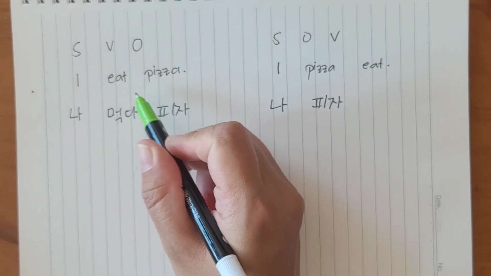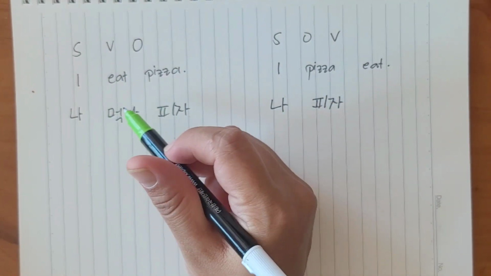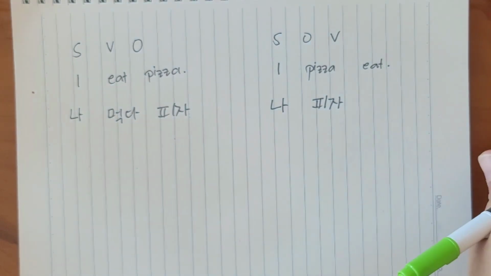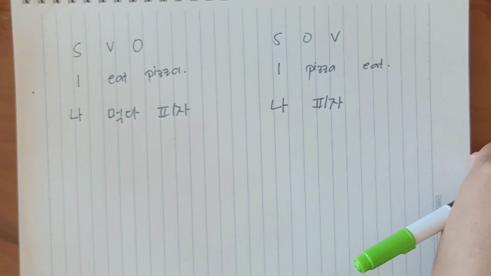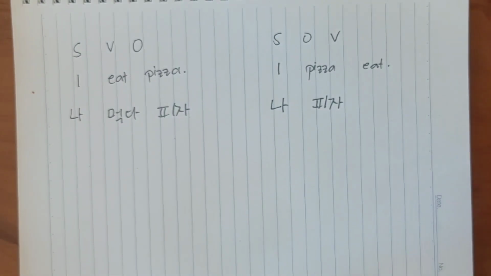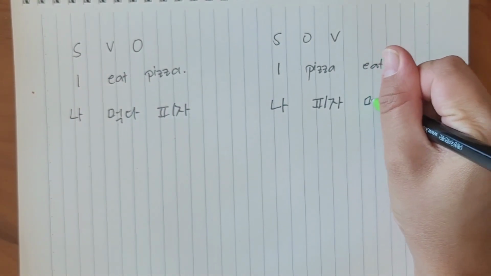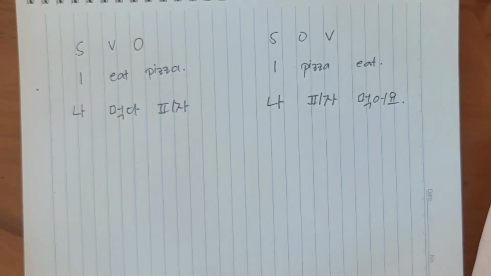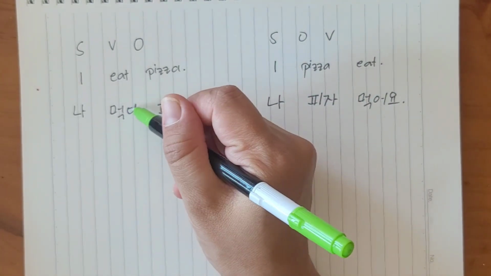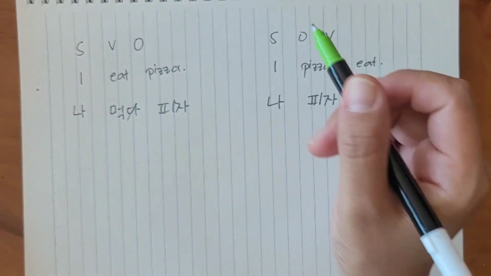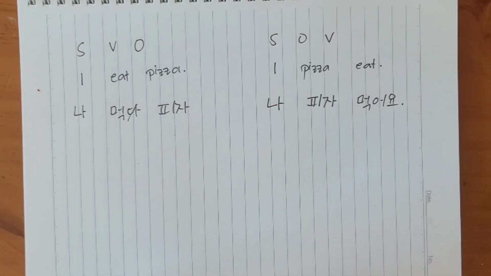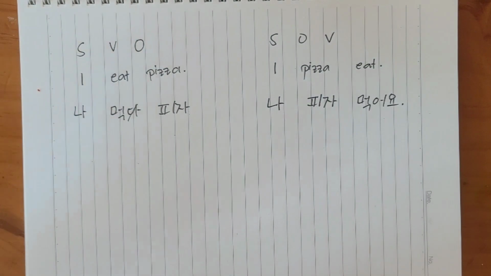Itong 먹다 ay dictionary form. So, hindi natin siya pwedeng gamitin sa sentence and kailangan natin siyang i-conjugate into simple present tense. So, magiging 먹어요. To conjugate Korean verbs, just drop itong 다, and then we add 아요 or 어요. Meron akong separate na video on how to conjugate Korean verbs into simple present tense, past and future tense.